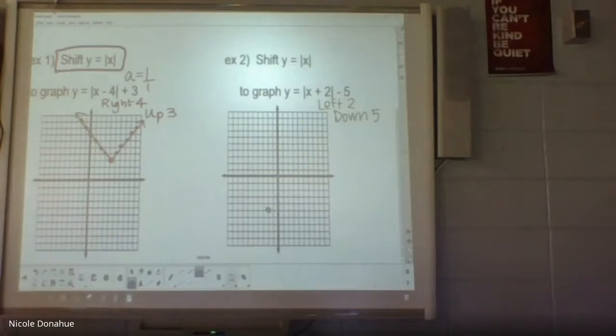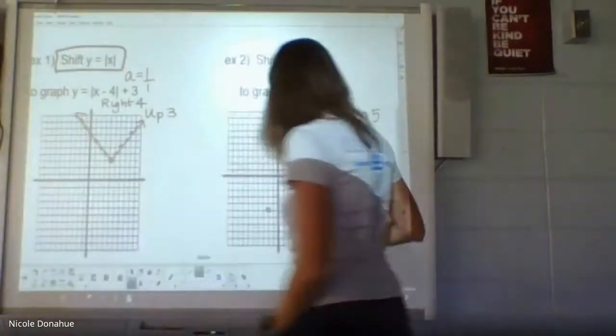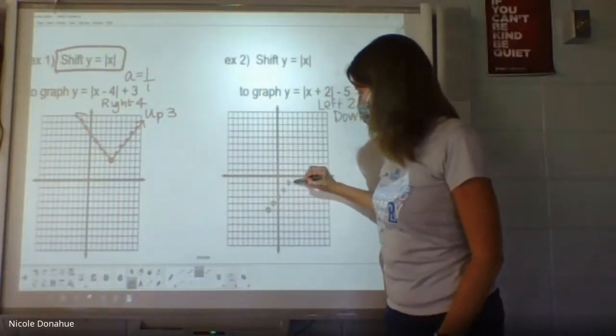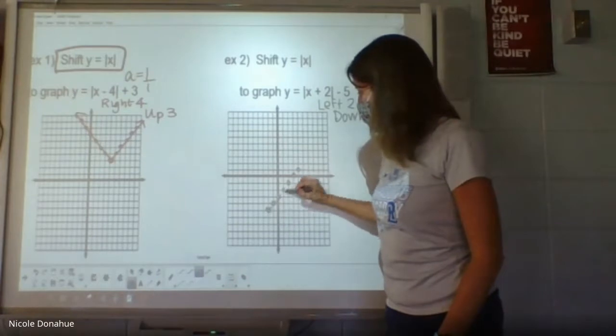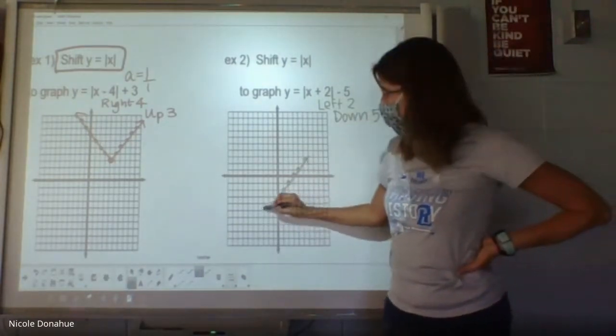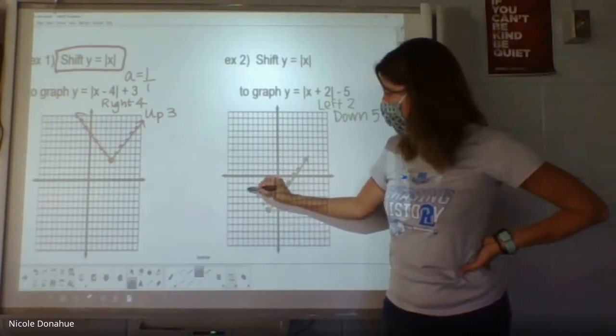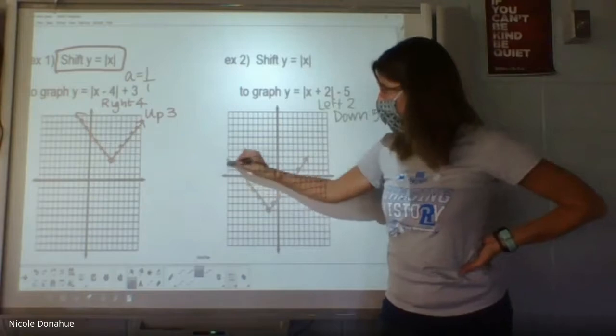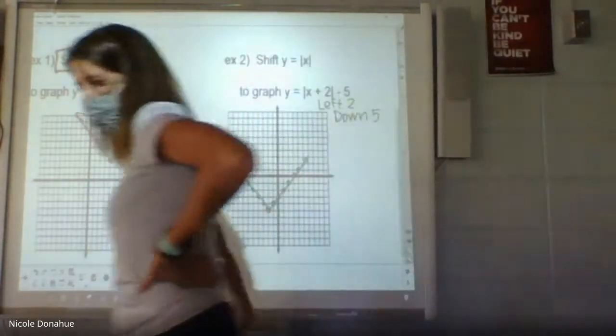Now what's our slope this time? Still just 1. So we're going to go up 1 over 1. And you can get your arrow going that way. But then I can reverse it and also go the other way. There's our V shape.